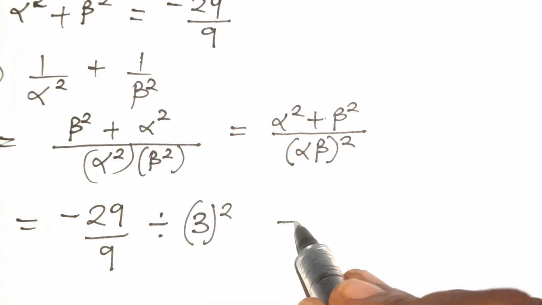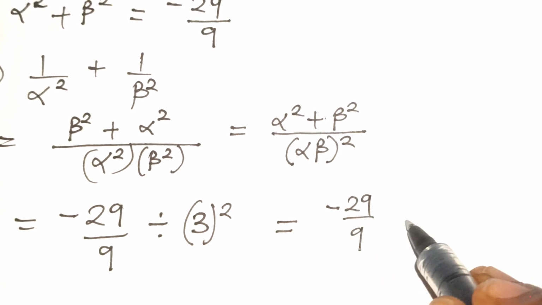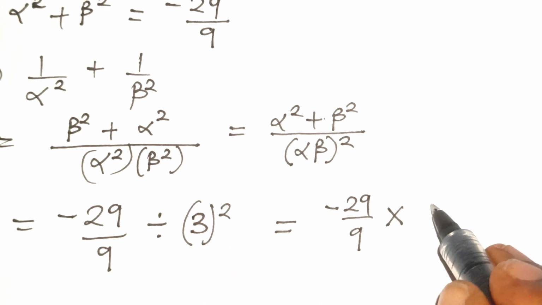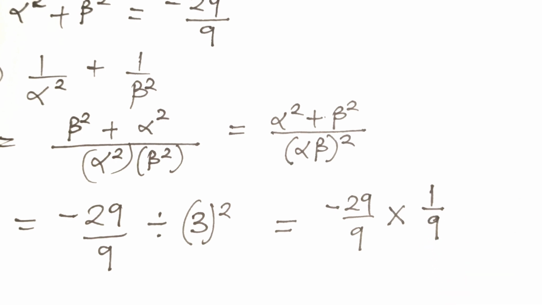So this is equal to minus 29 over 9 times, I'm changing this division sign to multiplication, 1 over 3 squared. So instead of 3 squared, I will write 9. 3 squared is 9, so that's why I have 9 here.